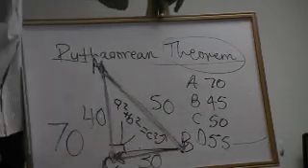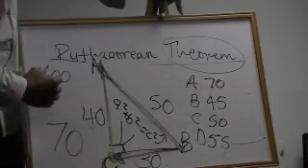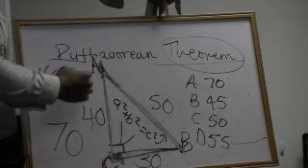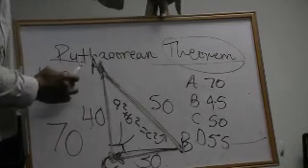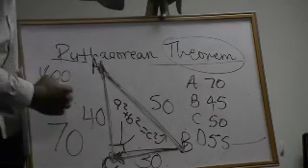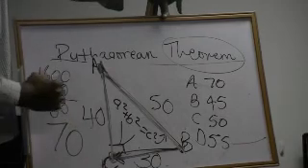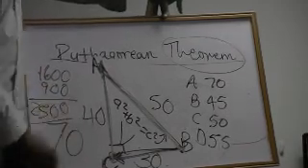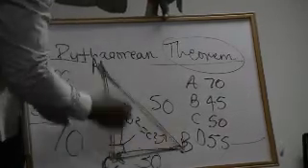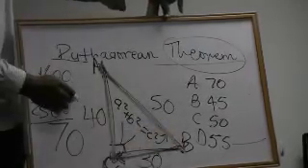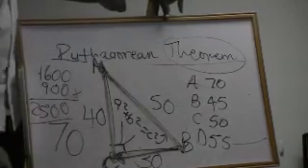A squared plus b squared, 40 times 40, 30 times 30, add it up, 2,500. So that squared plus that squared equals that squared. So this must be 50, because I know 50 times 50 is 2,500.